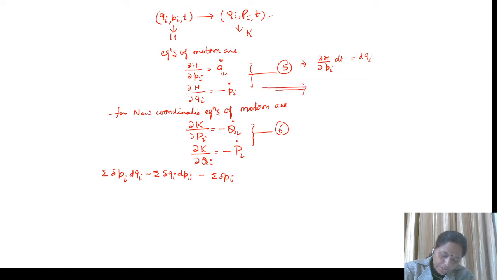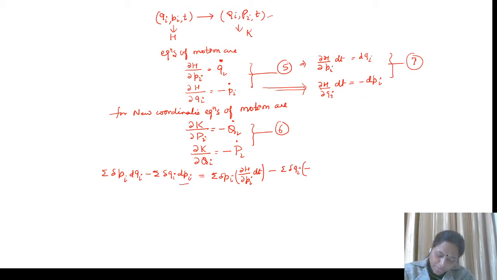Similarly, this implies delta H by delta qi dt is minus dpi. So I'll use these relations in this expression. So dqi may be replaced by delta H by delta Pi dt, and dpi is replaced by minus delta H by delta qi dt.